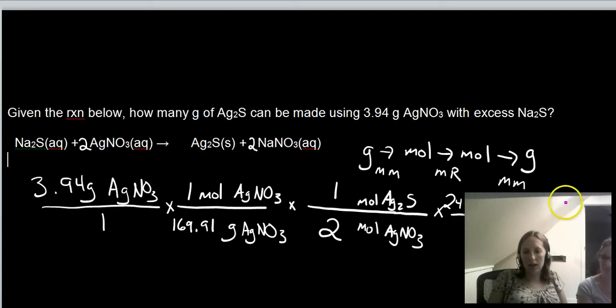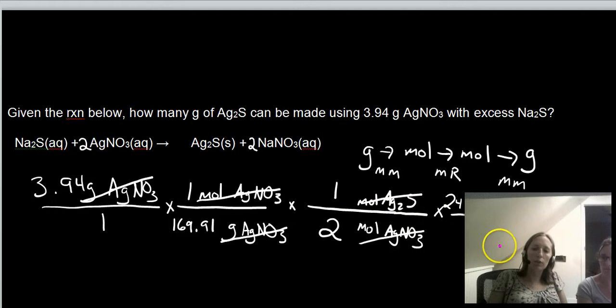And so what you end up having is your units canceling. Grams of silver nitrate divided by grams of silver nitrate. Moles of silver nitrate divided by moles of silver nitrate. Moles of silver sulfide divided by moles of silver sulfide. This gives me good confidence that I did this right.